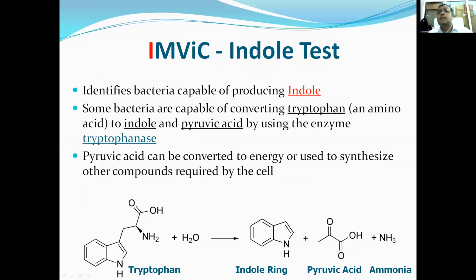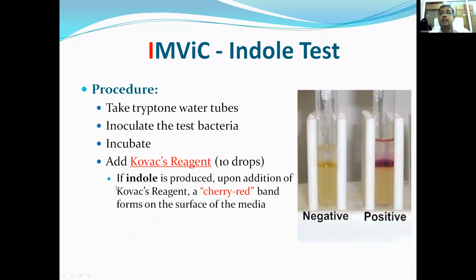These compounds, pyruvic acid and others, are required to synthesize some cellular components, so it is important for their survival also. This is a characteristic of some bacteria that utilize tryptophan and produce indole. If we can demonstrate the presence of indole, then we can say that the bacteria contain the tryptophanase enzyme.